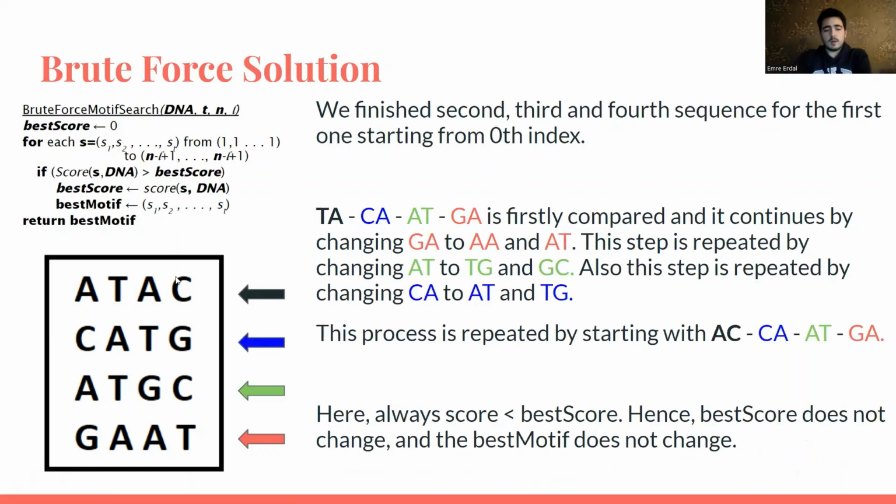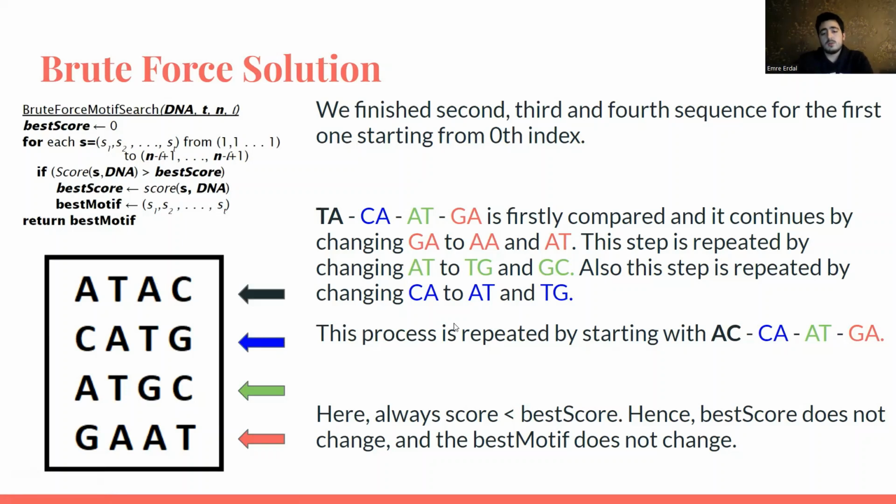And now we analyze all the possibilities when the first sequence is starting from the 0th index, and the second is starting from the third, fourth. We analyze all of them, and now we should look at the TA and AC stages for the first sequence, and let us look for all of them as mentioned by the for loop logic.